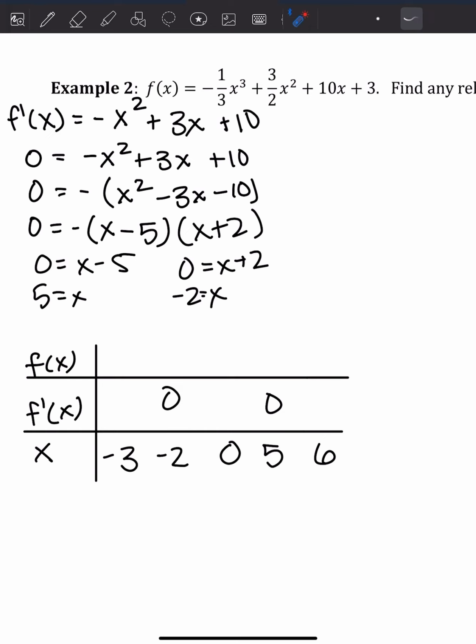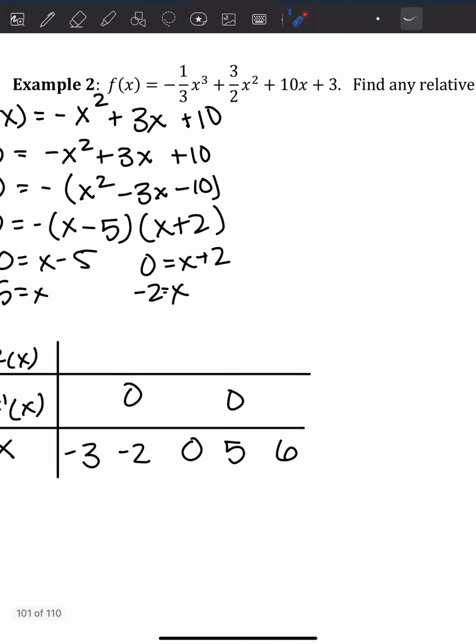Negative 3, I'm going to plug it into this equation right here. So we have a negative times negative 3 minus 5. So negative 3 minus 5 is going to be a negative. And we have negative 3 plus 2. Negative 3 plus 2 happens to also be a negative. So I have a negative times a negative, which gives me a negative.